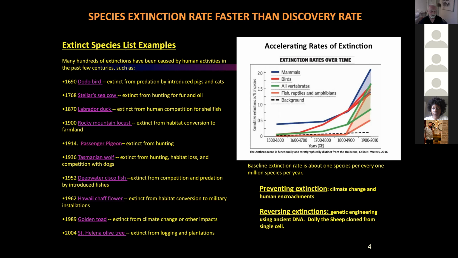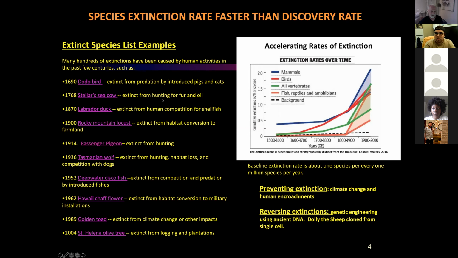So I have here listed on the left some well-known examples of extinct species going back as far as 1690. The dodo bird was driven to extinction by pigs and cats. And if you look at 1690 on this graph, it's way back here when extinction rates were very low.